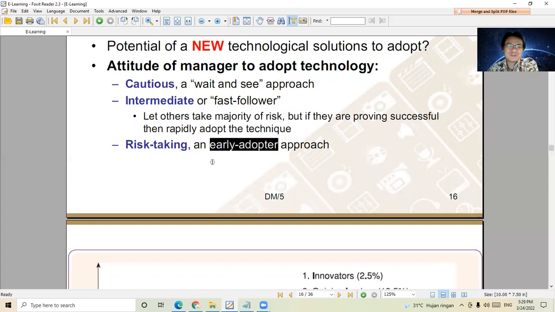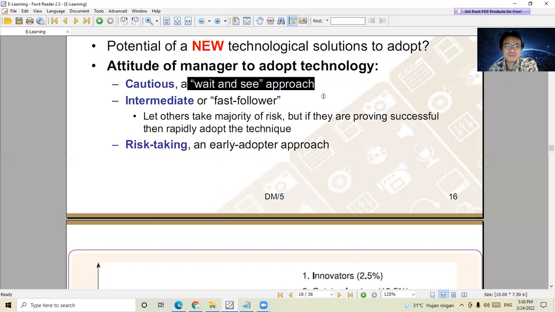They just want to adopt the technology and take the risk. This is called the risk taking or early adopter approach. As for me, as already mentioned, I belong to the cautious, wait and see group. But it all depends on the people.